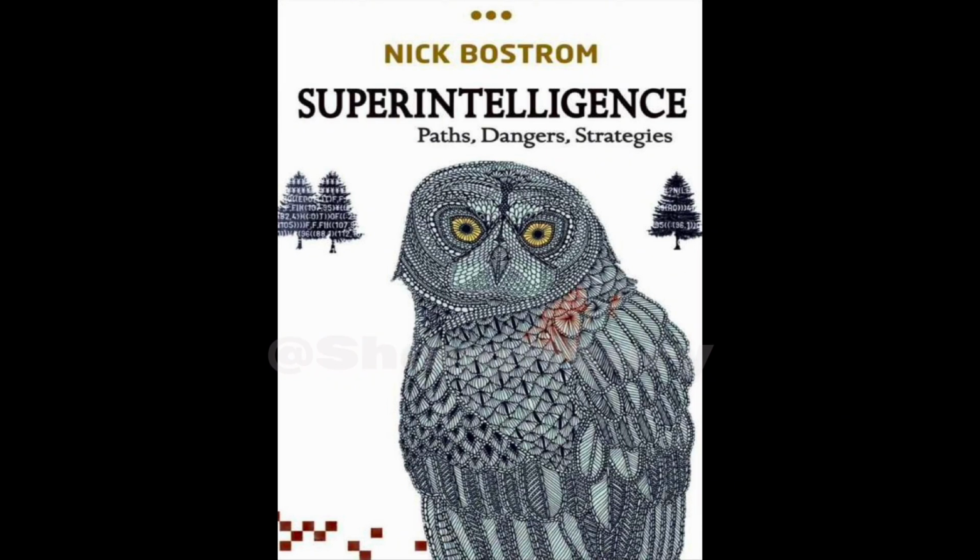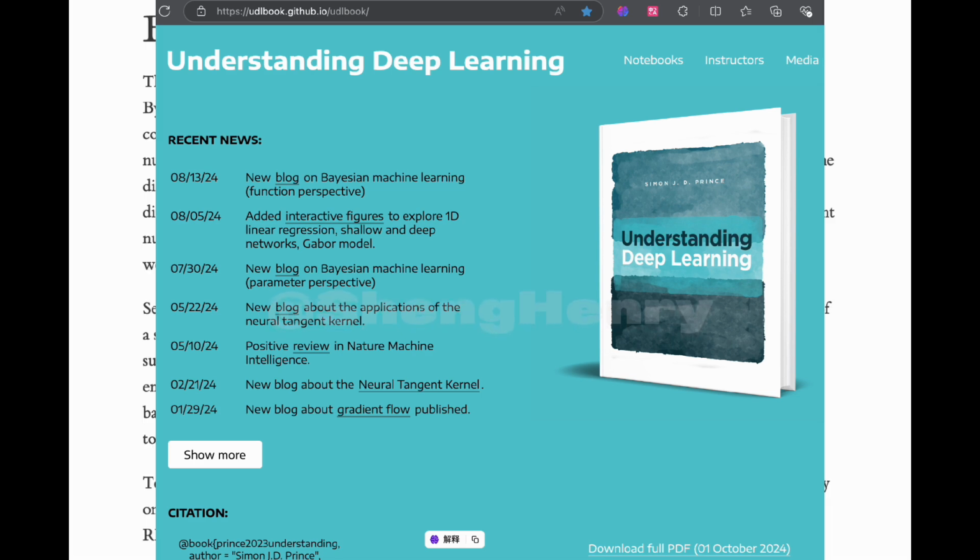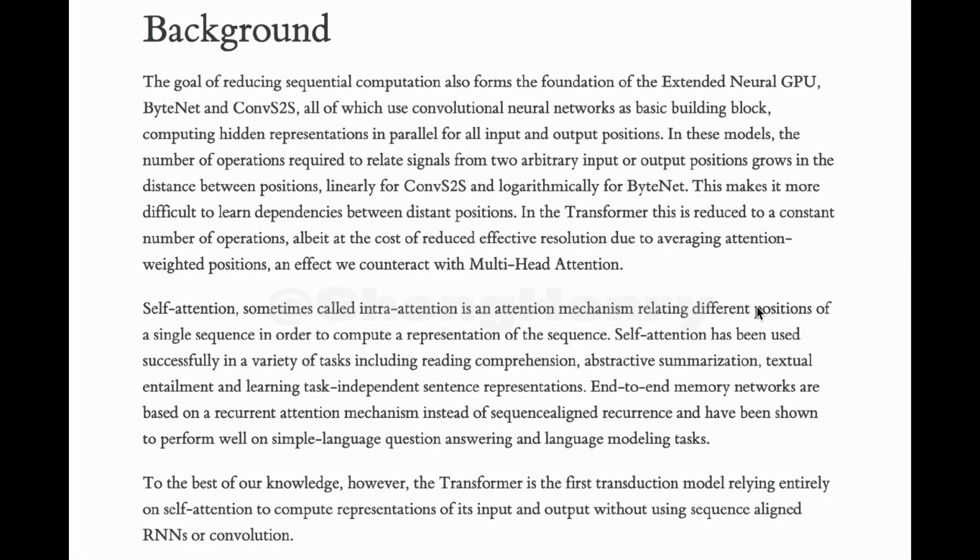The second one is Superintelligence: Paths, Dangers, Strategies, written by Nick Bostrom. It's more user-friendly than the first book as it doesn't have much mathematical theory. The last book I strongly recommend is Understanding Deep Learning, written by Simon J.D. Prince. It's a very highly rated book that suits all AI learners.